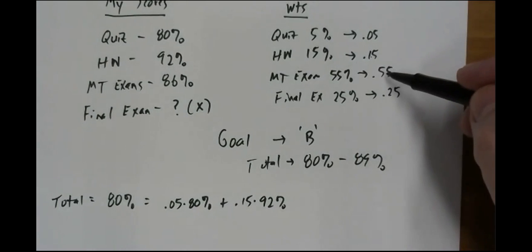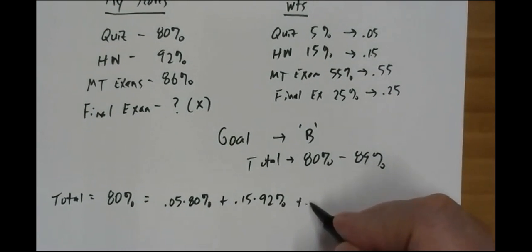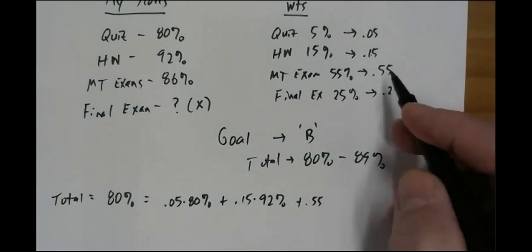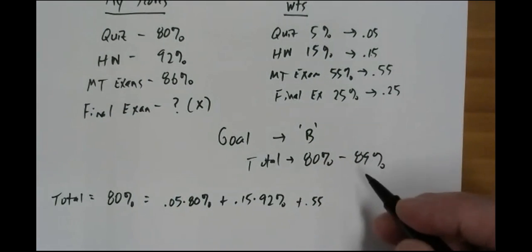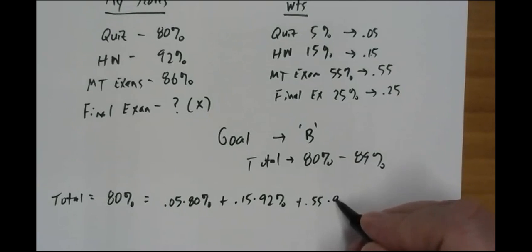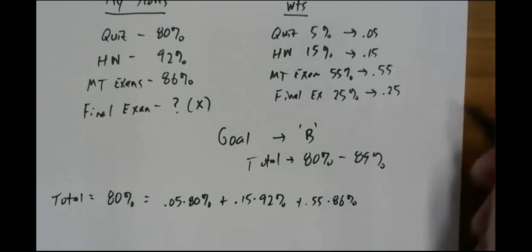For the midterm, the weighting is 0.55 times my midterm score, which is 86%.